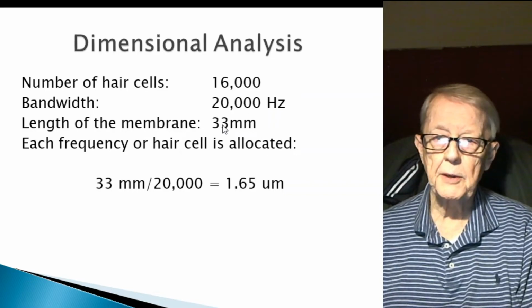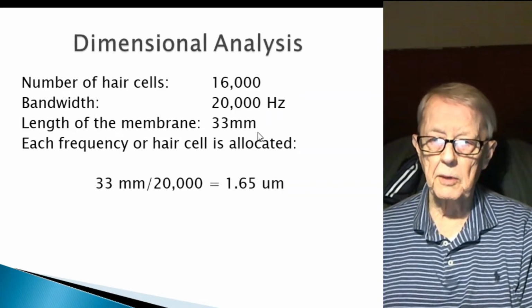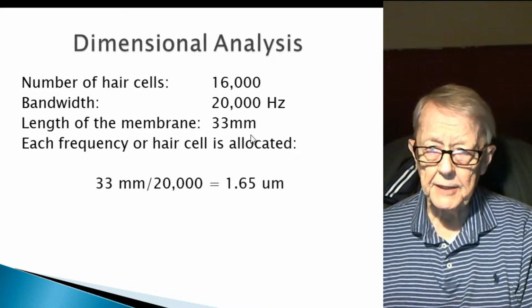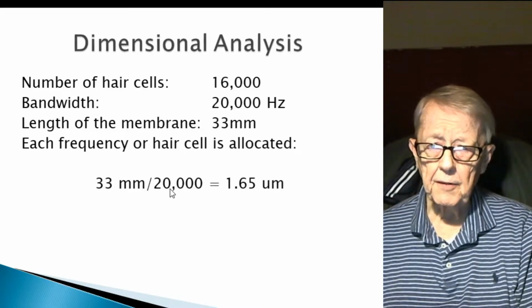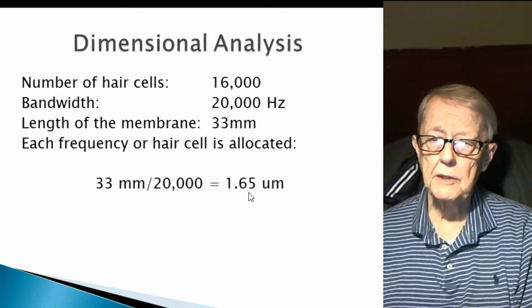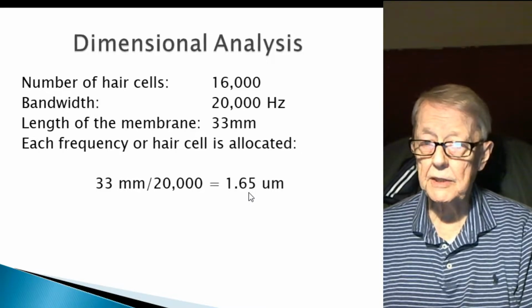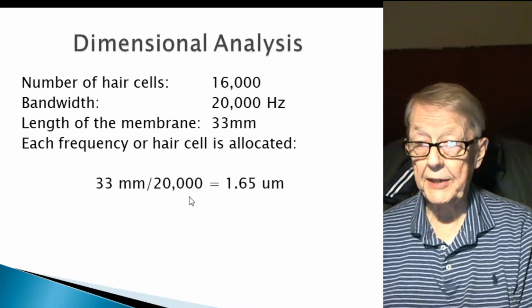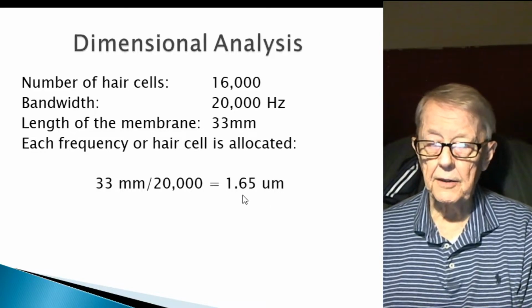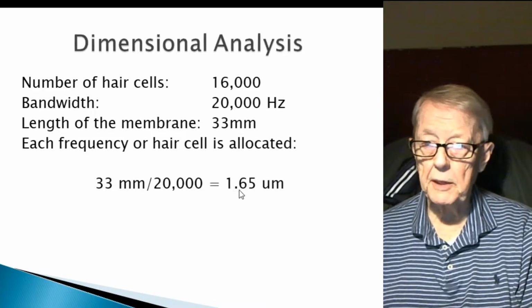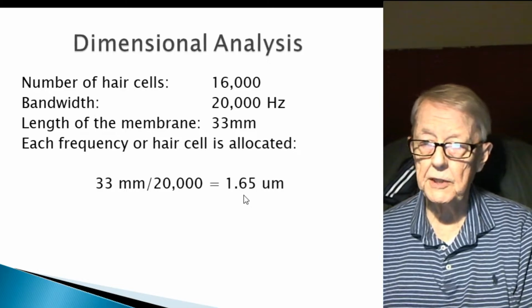So I played the numbers game. I took the 33 millimeter distance of the cochlea, divided it by 20,000, and assumed that there is an average. This is assuming it's linear. It's not linear. The low frequency has maybe twice this, and the high frequency smaller.